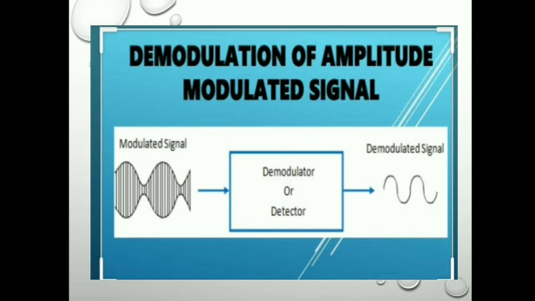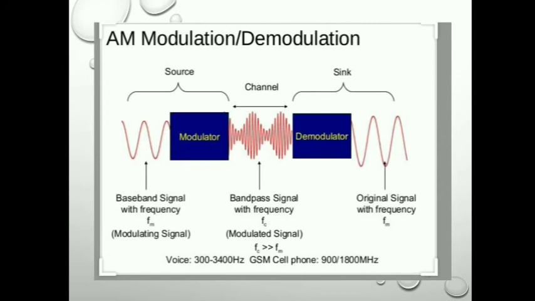So this section will be the receiving section, right? See, AM modulation and demodulation. See the source. Already I said the modulator produces the modulated signal, and the demodulator again demodulates the signal, it gives the original output.